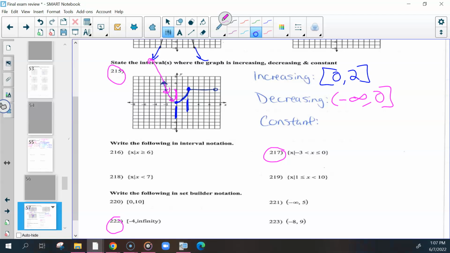And then for constant, you're looking for somewhere where your x's keep moving forward, but your y's stay the same. So this would start at 2 and end at 7, but 7 is not included because it has an open circle. So that would be a parenthesis.